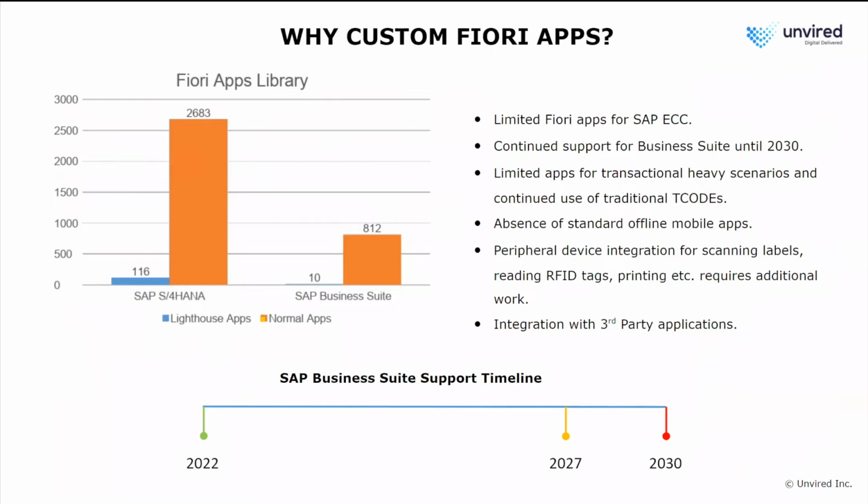So if you look at the statistic that I have from the Fiori apps library, you would see that there are close to 2,683 applications available on S/4HANA and 116 Lighthouse apps. So what exactly is a Lighthouse application?